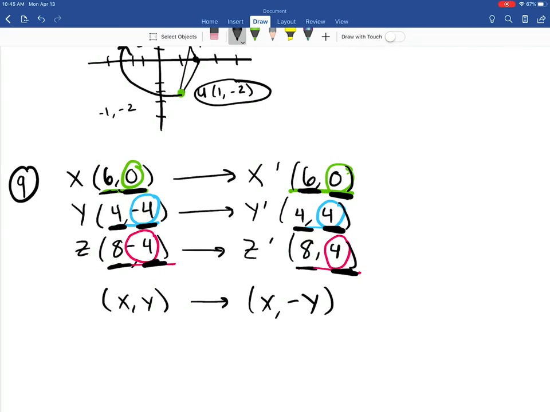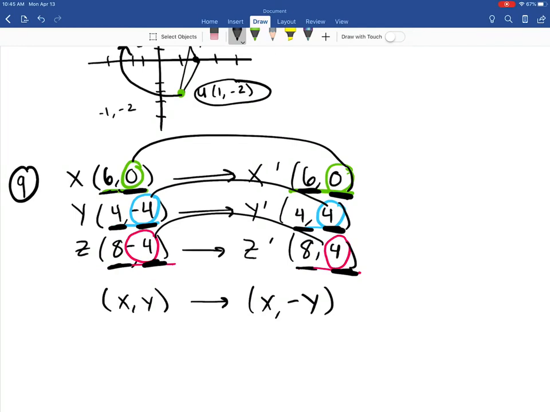Let's look at our options. Translating 4 units down. Well, if I moved 4 units down, down is a y direction, so I would subtract 4 from the y. From here to here, no subtraction, no subtraction, no subtraction. Can't be a translation. So it can't be A, and it also can't be B, because I'm not adding anything. So it's got to be a reflection.